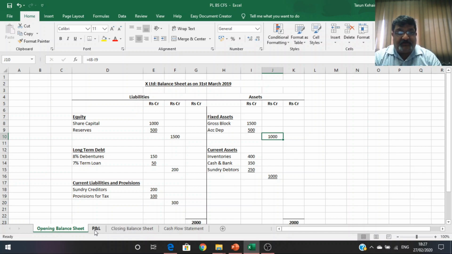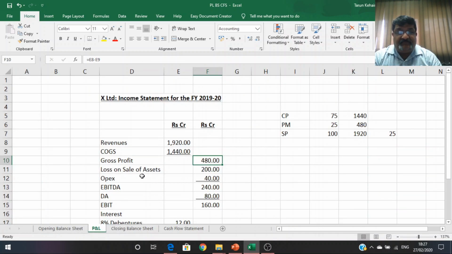So 200 crores is your loss on sale, which I will record here as loss on sale of assets. Over and above that, the problem statement also mentions that the company has incurred 40 crores as part of operating expenses, which I will reduce, and I get my EBITDA, earnings before interest, taxes, depreciation, and amortization, of 240 crores, assuming that depreciation is not a part of the OPEX mentioned.